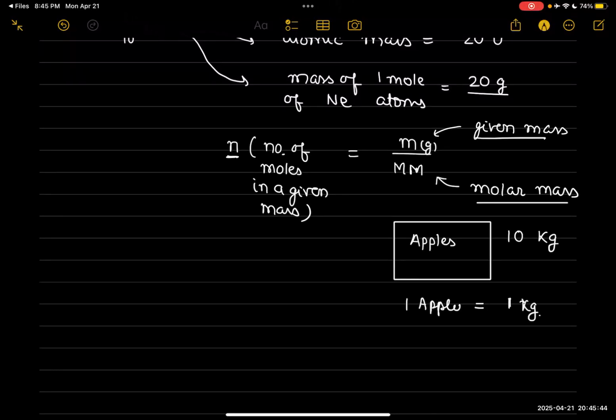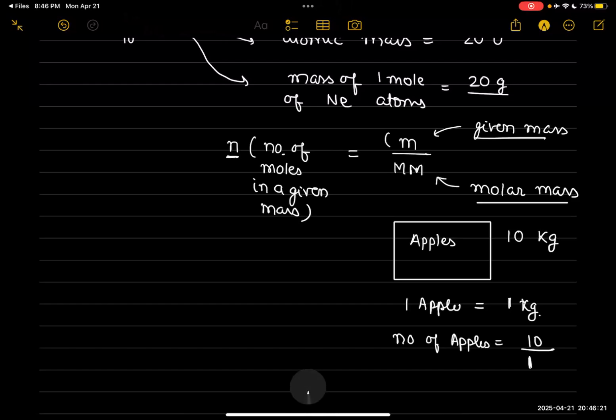How many apples are there? What did you do? The whole mass was 10 kgs, and the mass of one apple was 1 kg. So the number of apples is 10. Exactly. That is the total given mass divided by the mass of one apple. Here also you are going to do the same thing.